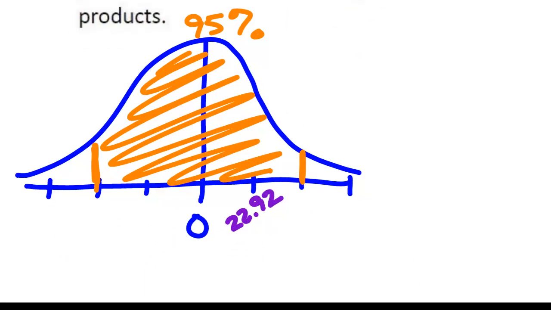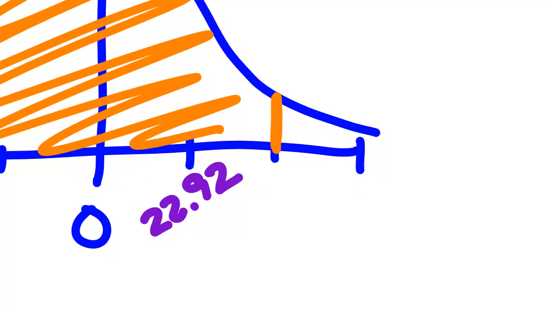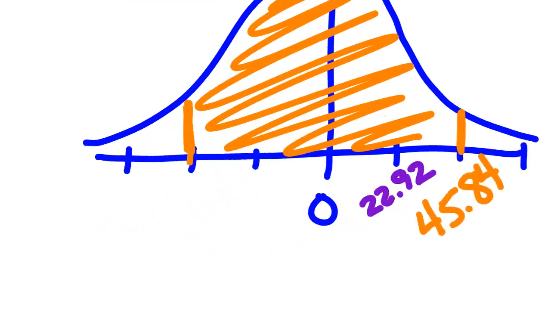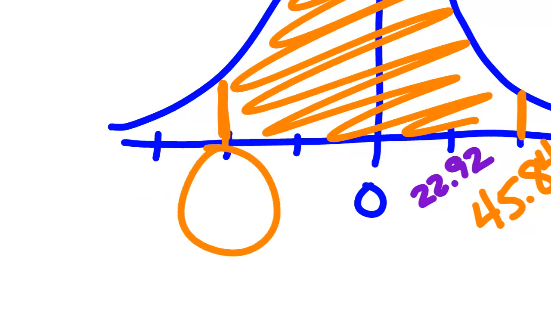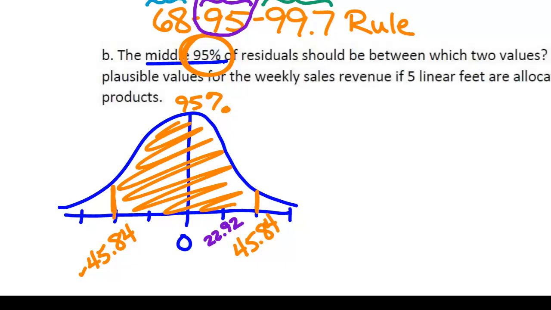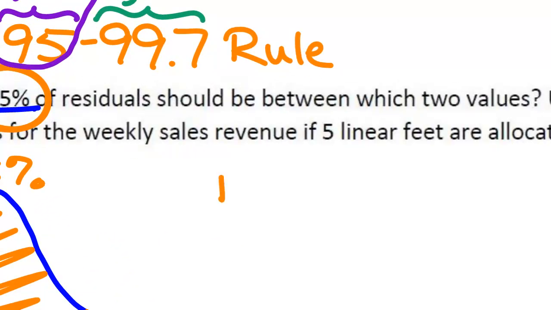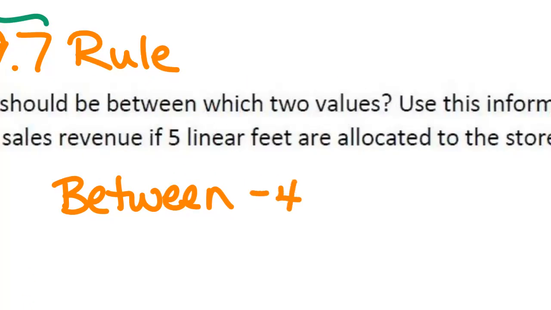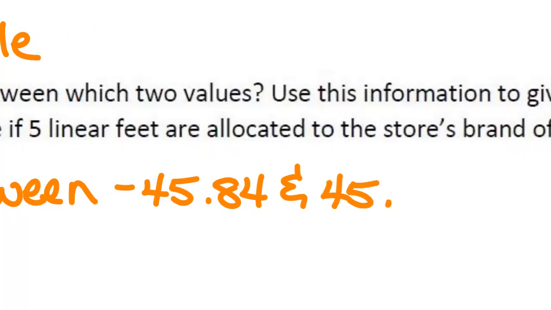So if 1 standard deviation out is 22.92, how far out is 2 standard deviations? 45.84. So what would it be over here? Yes, negative 45.84. So that answers the first part of the question. It would be between negative 45.84 and a positive 45.84.